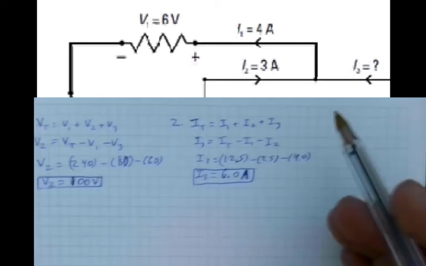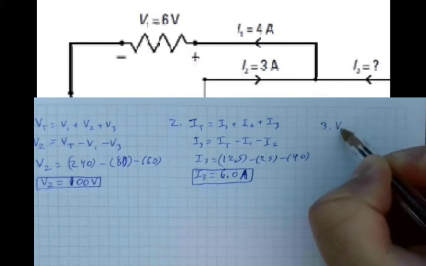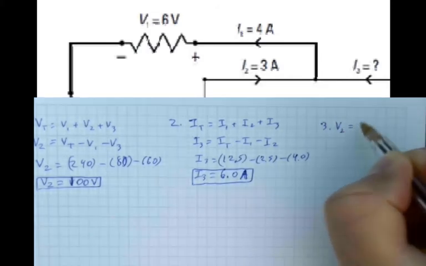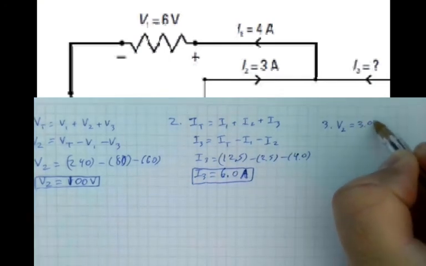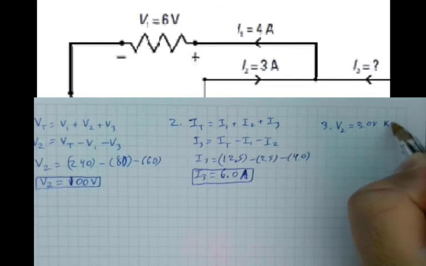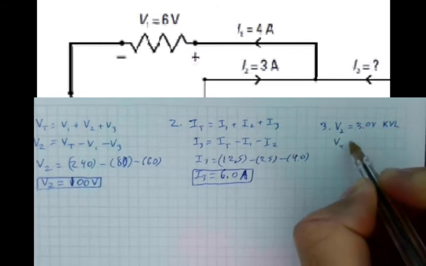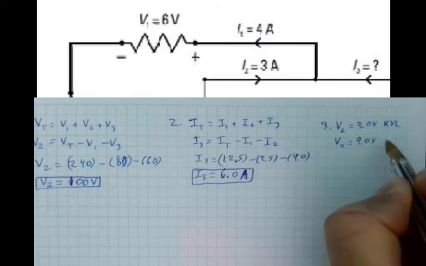Now, how we would show this on our paper, you could write, we know V2 is 3.0 volts, and the reason why we know that is because of Kirchhoff's voltage law. We know V4 is 9.0 volts because of Kirchhoff's voltage law.